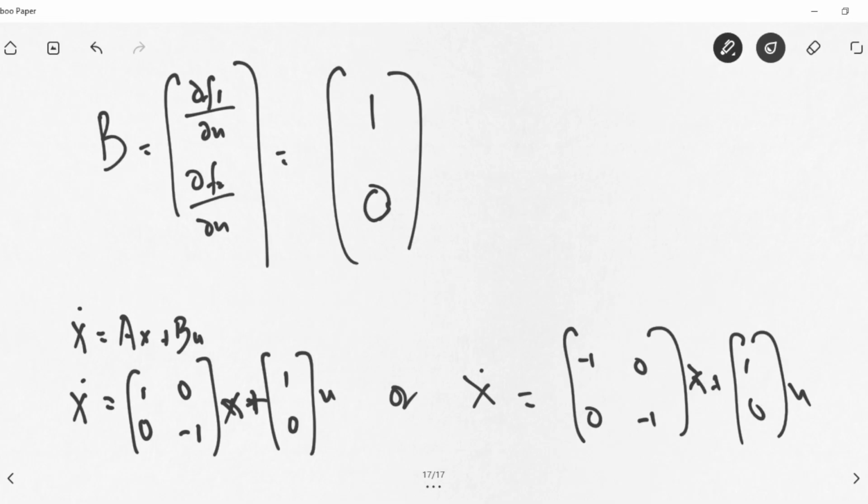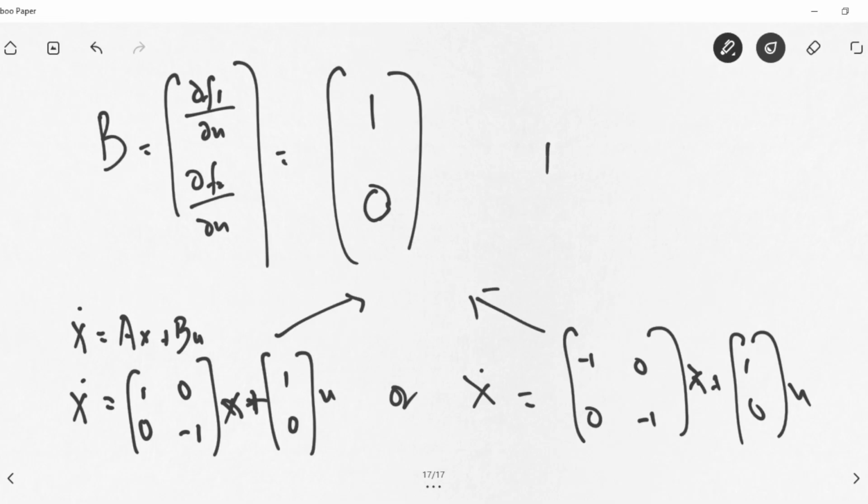So this is how we can obtain the linearized model of nonlinear systems governed by nonlinear differential equations, and whether they are forced systems or unforced systems. We can actually try to find out lambdas, eigenvalues of the system.